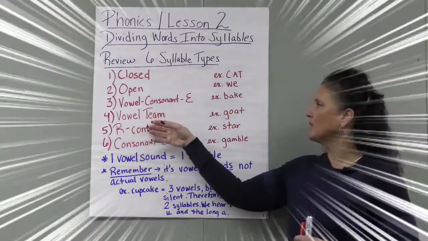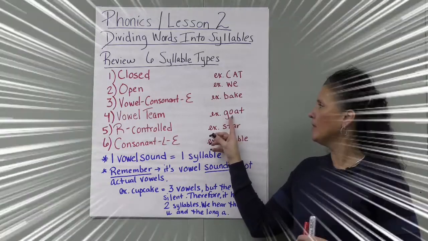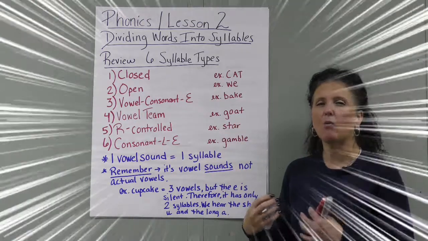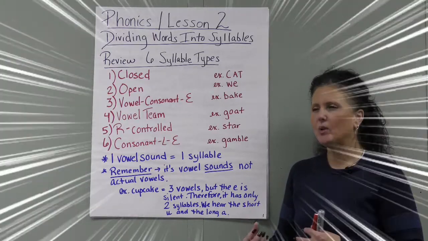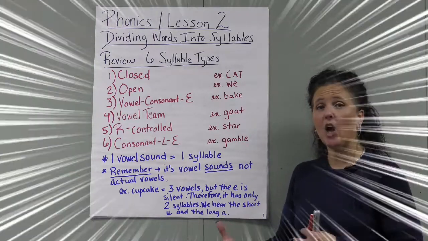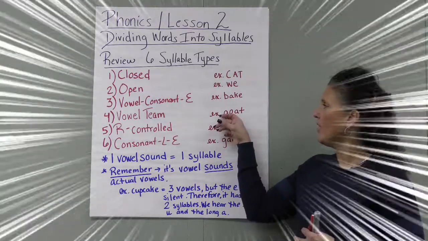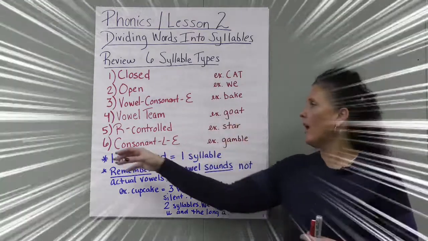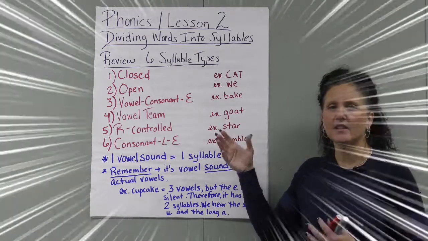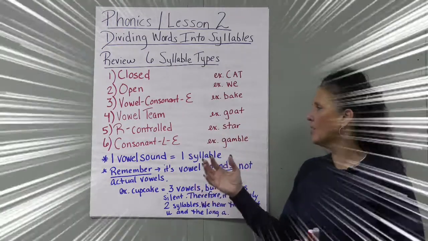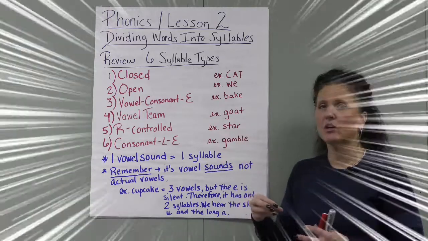We also have a vowel team, which is 2 vowels together that make one sound. In this instance, our example is goat. So we don't really hear the A. It sounds more like an O, goat. So we have the O and the A together. We have the R controlled, like the word star. It doesn't really sound like an R. It controls that A, and we just hear star.